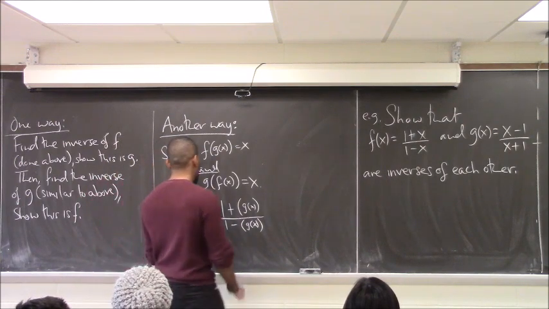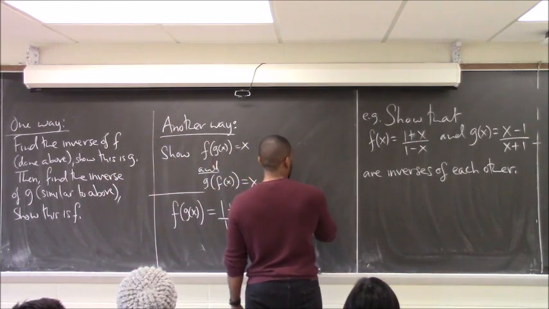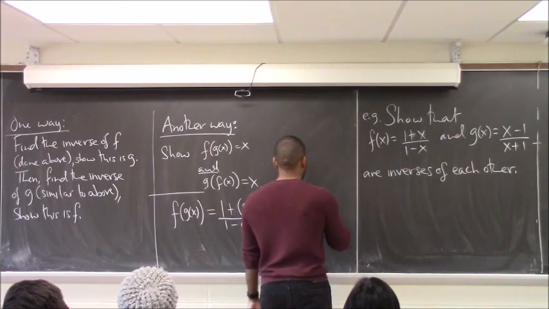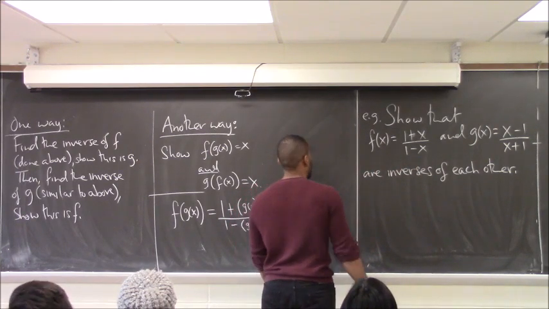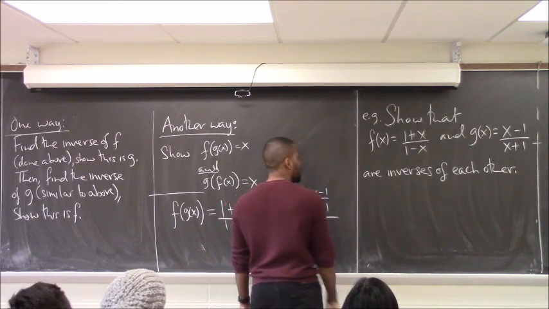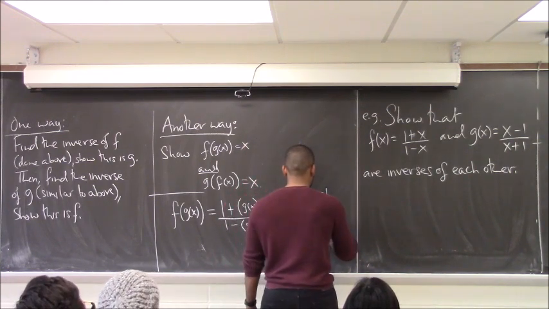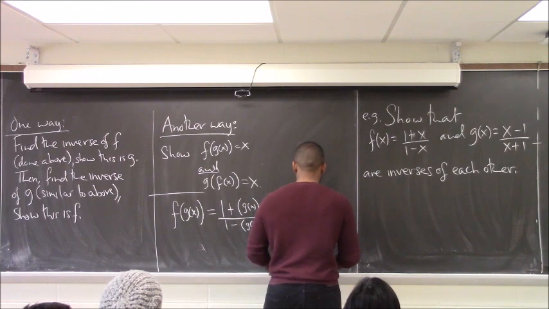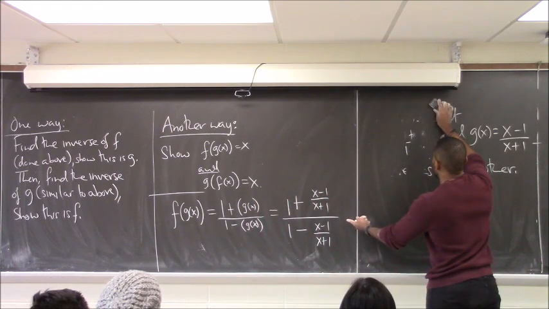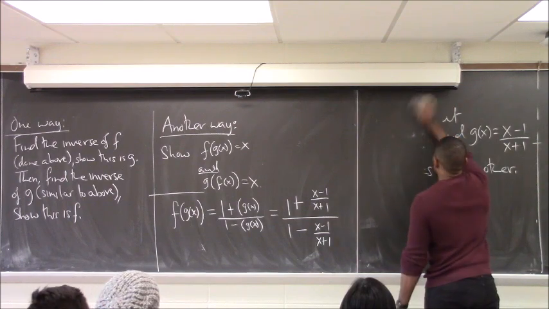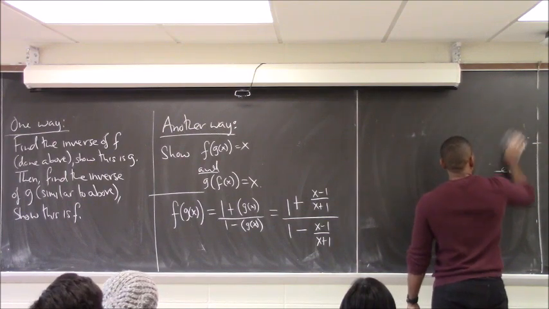So in other words, that is going to look like 1 plus that thing, (x minus 1) over (x plus 1), all over 1 minus that thing. Okay. Now I need to show that this is actually going to give me x. How do I simplify that?